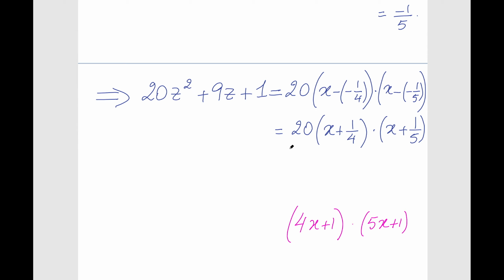Well, look, the 20 is the same as 4 times 5, correct? The 20 is the same as 4 times 5. Keep the rest. X plus 1 over 4 times x plus 1 over 5, correct? And the language here is multiplication. Multiplication is commutative.